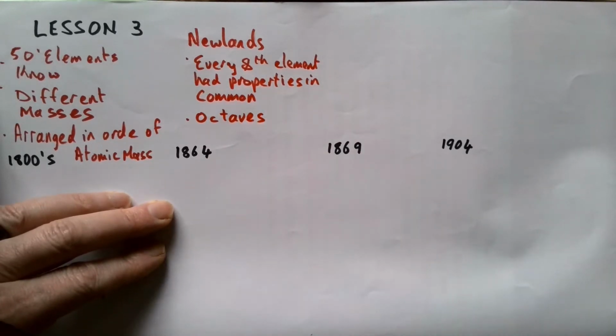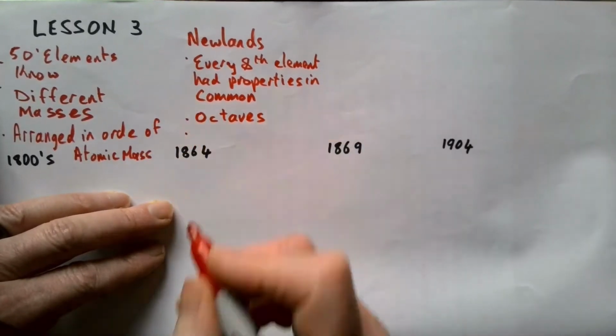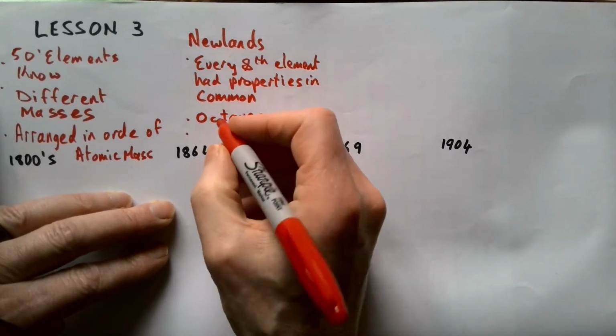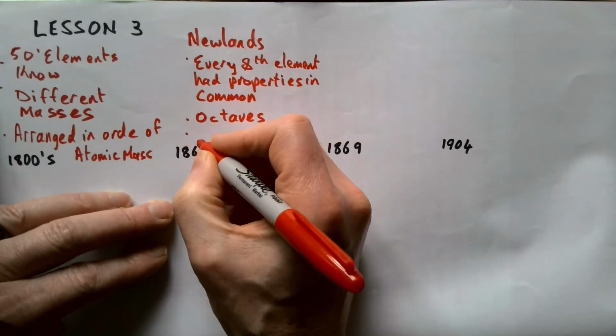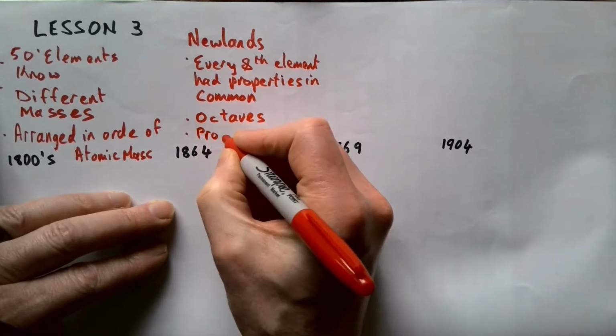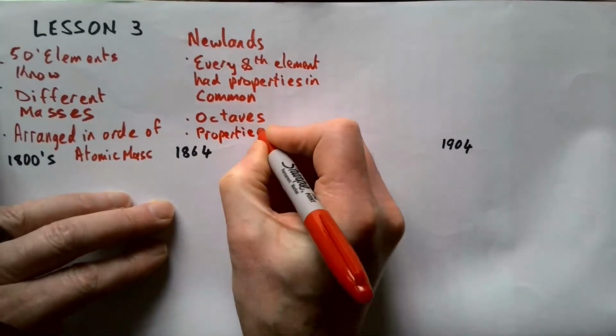After the first 3 rows, however, the properties they had in common seemed to disappear. This pattern only appeared for the first 3 rows of his periodic table, which you can see in figure 7.